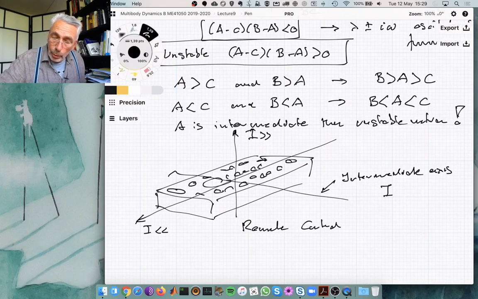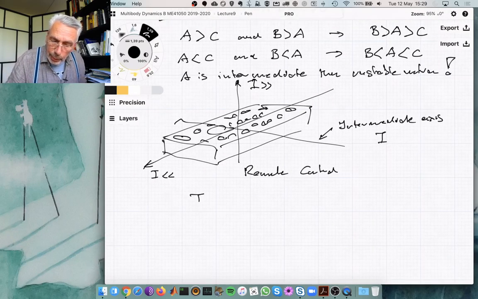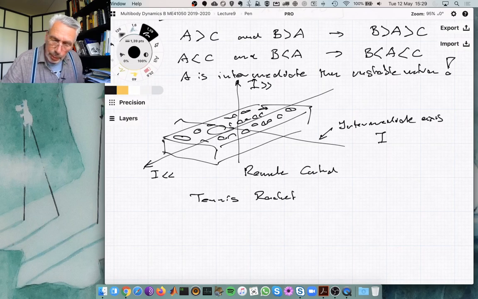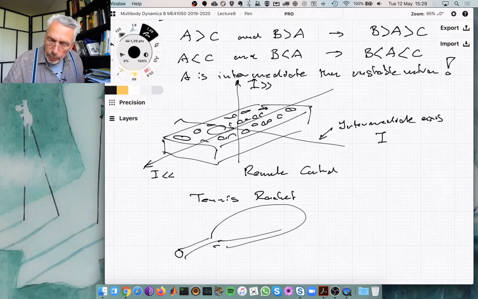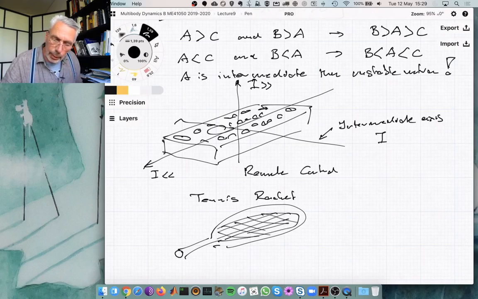You can also look at, for instance, a tennis racket. For those who play tennis, that's the same case. So if you have a tennis racket like this, here you have all the wires. Then again, what are the mass moments of inertia? We have three principal axes again.